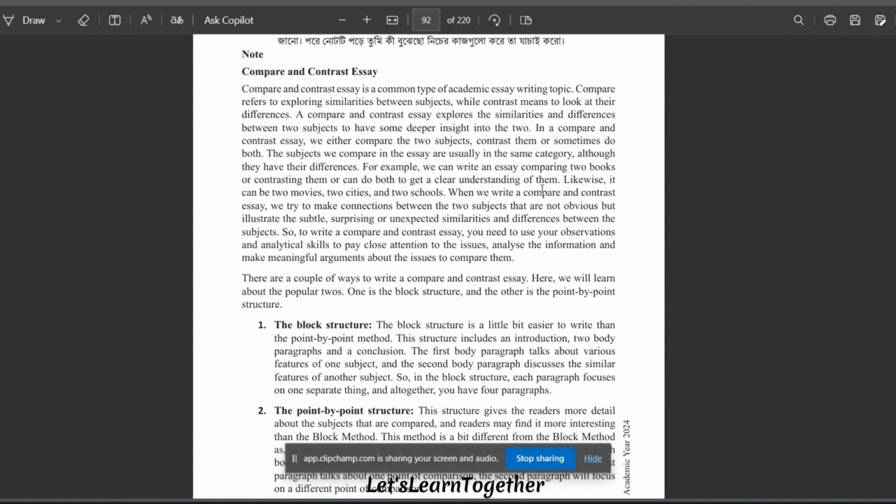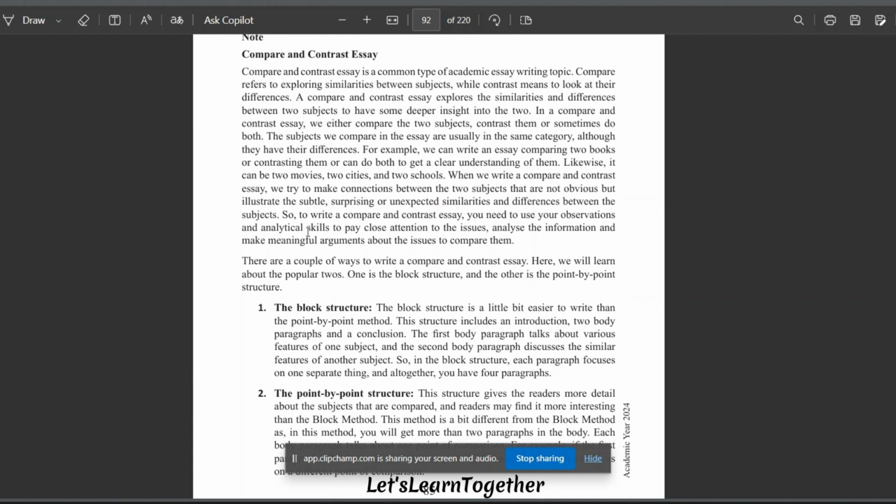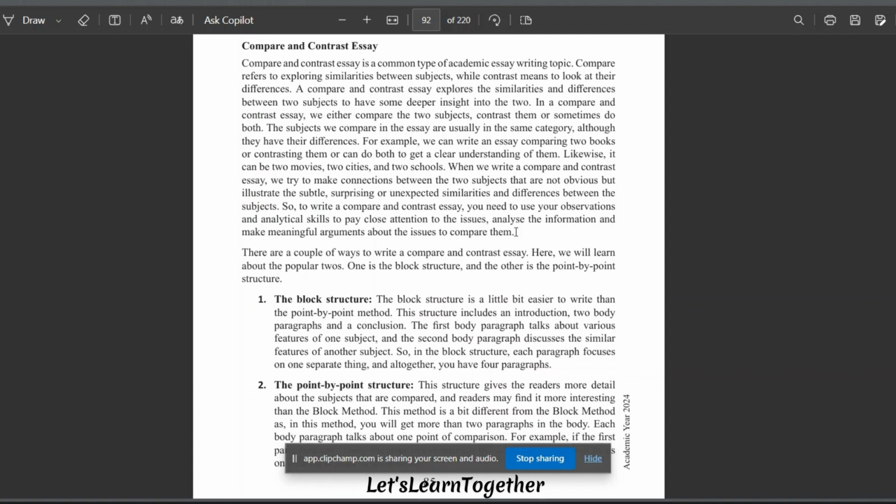When we write a compare and contrast essay, we try to make connections between the two subjects that are not obvious but illustrate the subtle, surprising, and unexpected similarities and differences between these subjects. So, to write a compare and contrast essay, you need to use your observations and analytical skills to pay close attention to the issues, analyze the information, and make meaningful arguments about the issues to compare them.